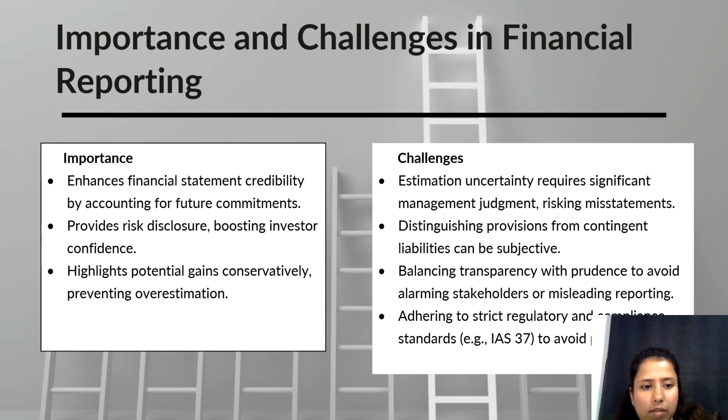Some of the importance are enhancing financial statement credibility by accounting for future commitments, setting aside funds for any future arising commitments, and also providing risk disclosure and boosting investor confidence. Next is highlighting potential gains for preventing overestimation.